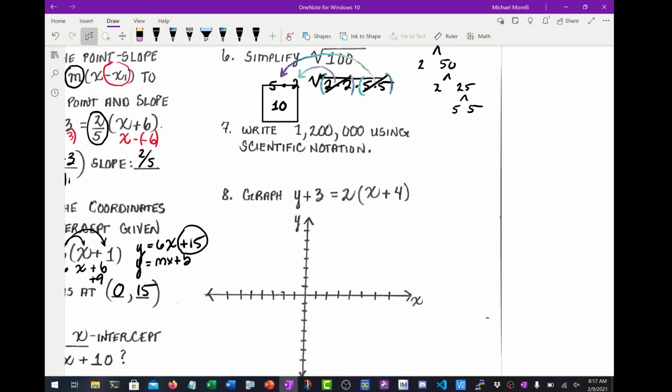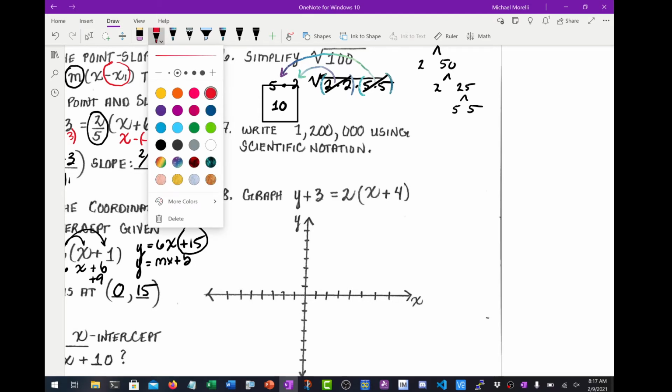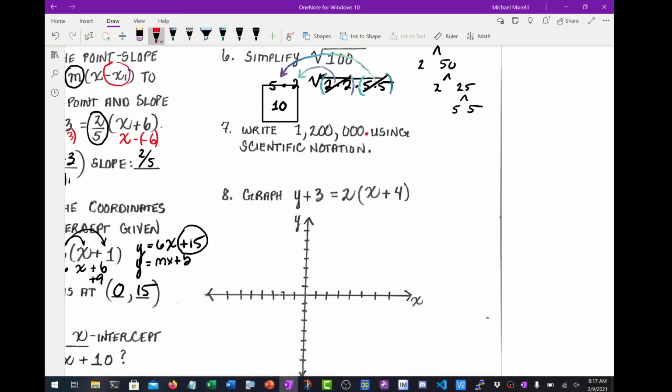Number 7, write 1,200,000 using scientific notation. What you do here, and I know many of you will remember this, is you put a decimal point over here. Then you count 1, 2, 3, 4, 5, 6. So you count it over 6 places.